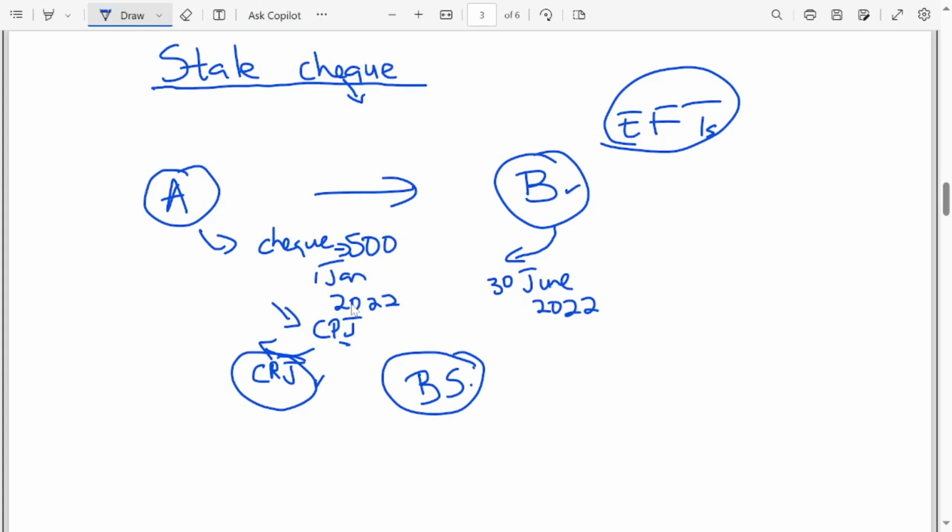Once business B draws this check, the money is going to leave our bank, so it must be shown in the bank statement. If it is not yet shown in the bank statement, we keep it in the bank reconciliation statement. But once it stays for 6 months, we cancel it and no longer show it in the bank reconciliation statement.